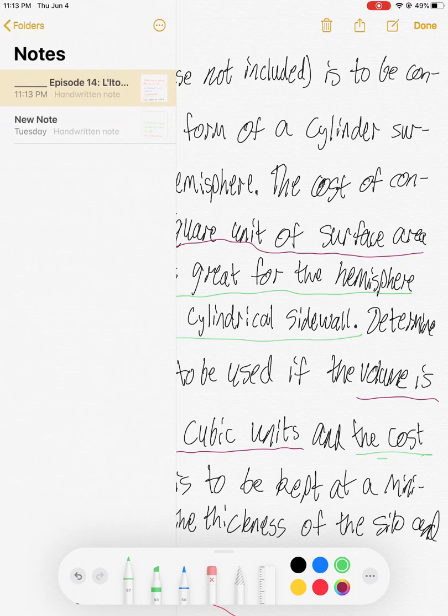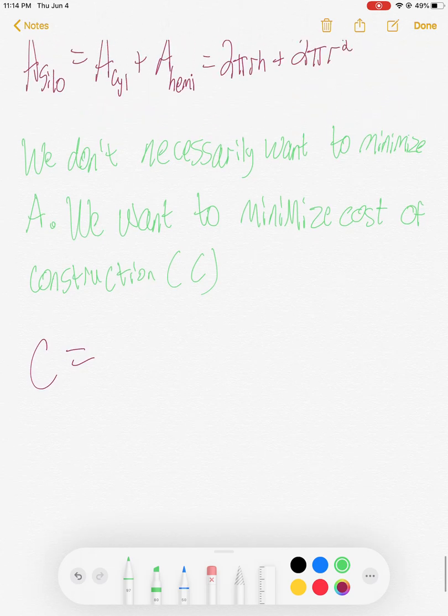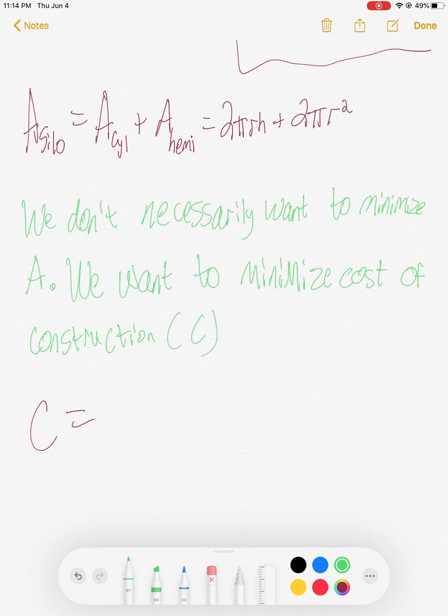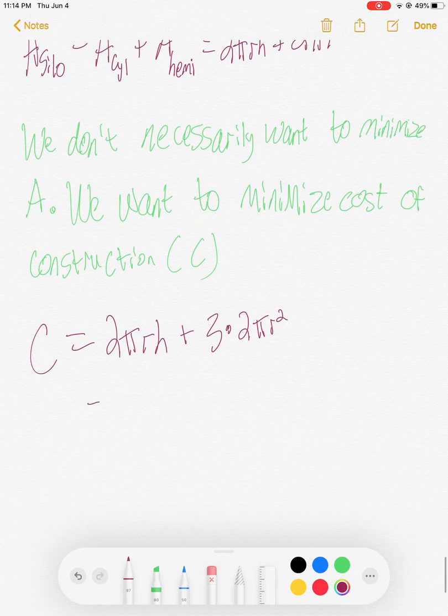But we have this additional piece of information that the cost of construction per square unit of surface area is 3 times as great for the hemisphere as for the cylindrical sidewall. What that means is that whenever we write our equation for cost, we need to weight the hemisphere part by 3, because that part costs 3 times as much.